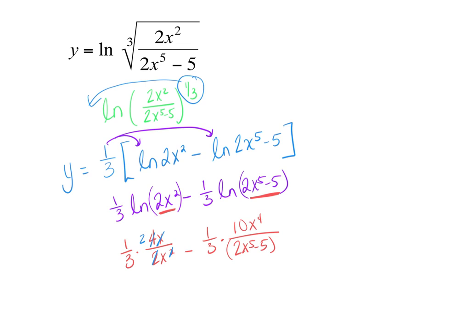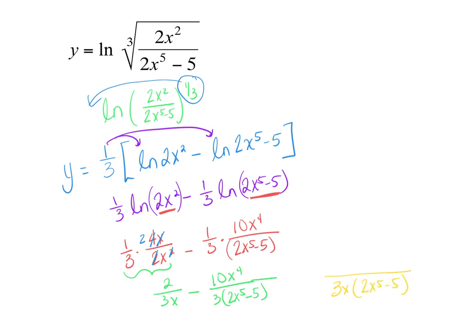All I'm going to do here is get a common denominator. So this little group here is 2 over 3x minus 10x to the 4th over 2x to the 5th minus 5. All right. And then I'm going to cross multiply here, do the common denominator. So my denominator is going to end up being 3x times 2x to the 5th minus 5.